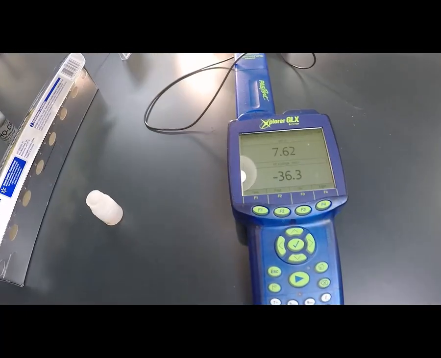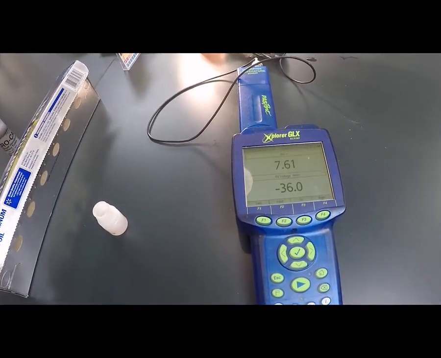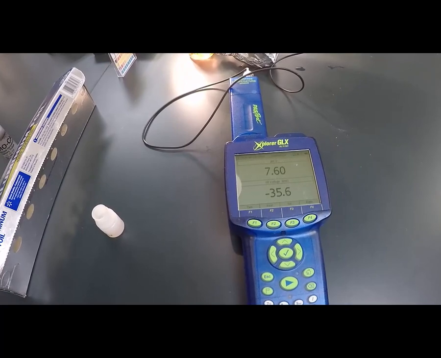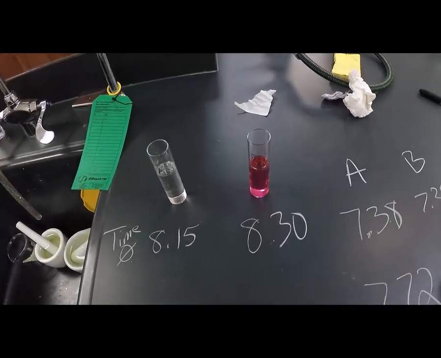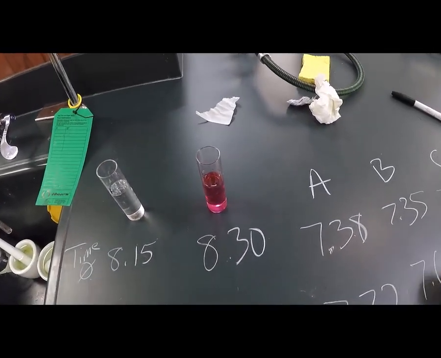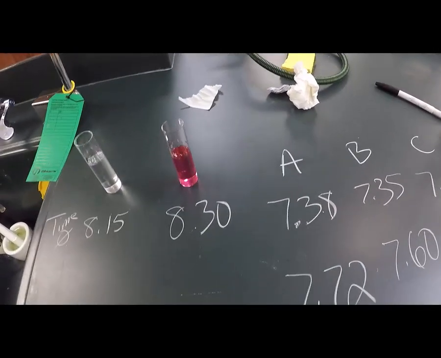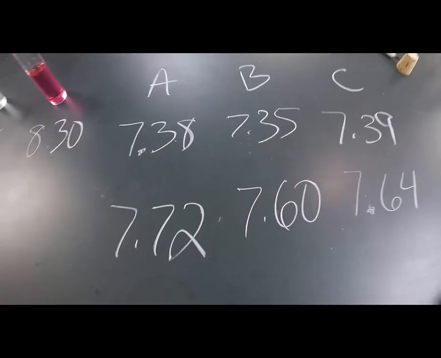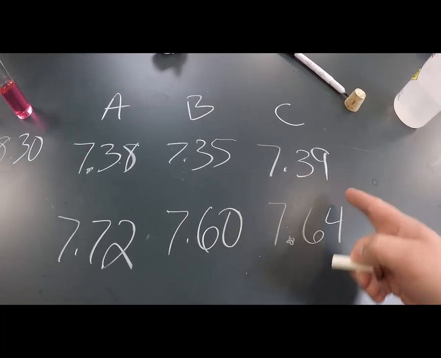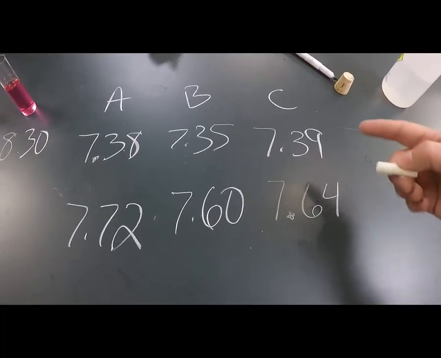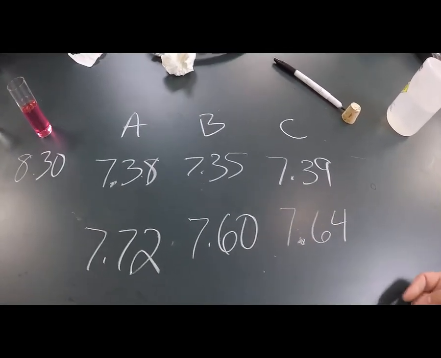And if we look here, Elodia in the dark, it looks like it's about 7.60, so pretty close to the same mark as the control. Okay, so if you look at that 7.35 to 7.60 or 7.39 to 7.64, it's about the exact same distance.